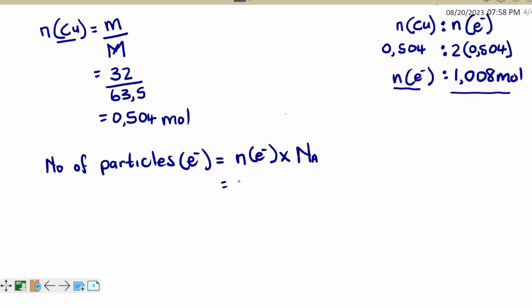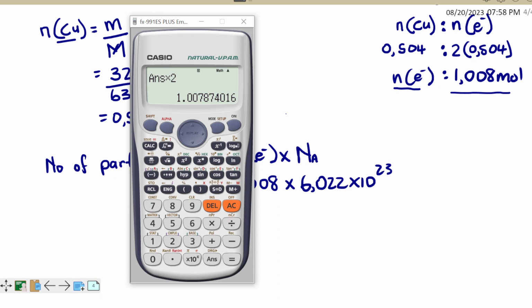So the number of moles there is 1,008 multiplied by the Avogadro's number, which is 6,022 times 10 to the power 23.